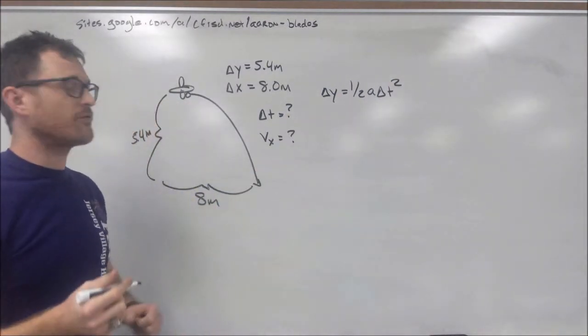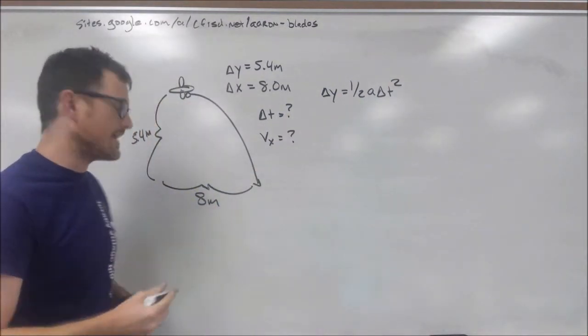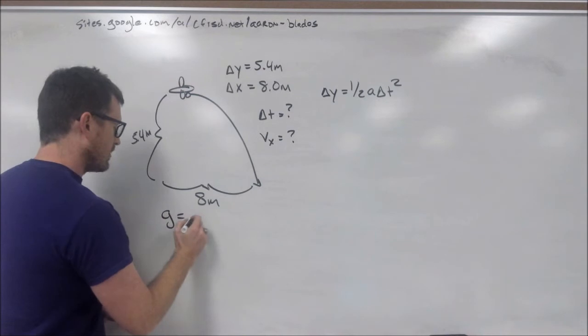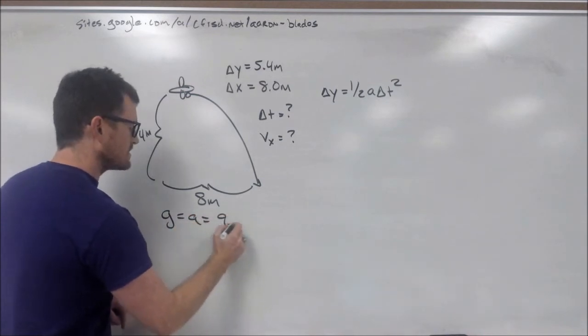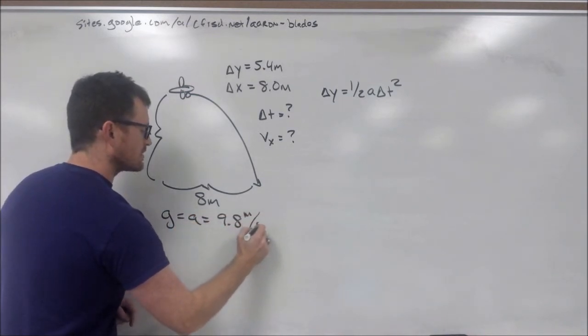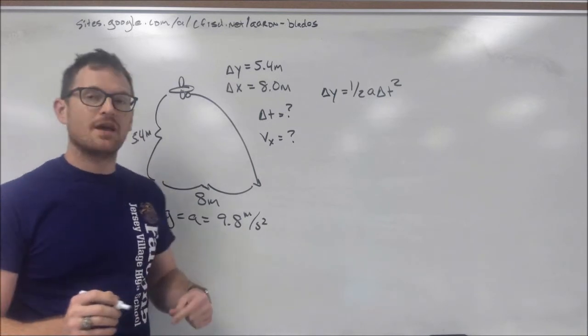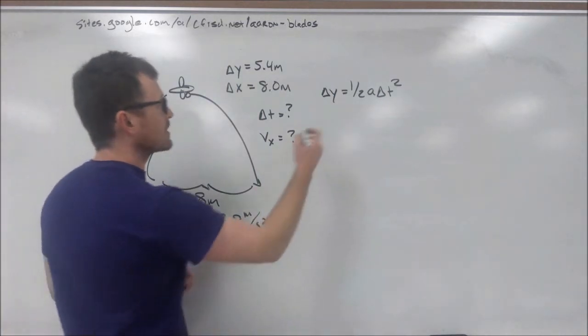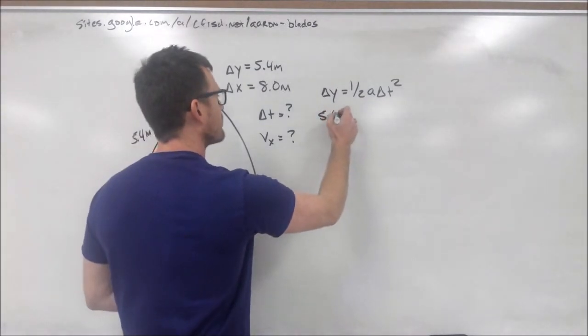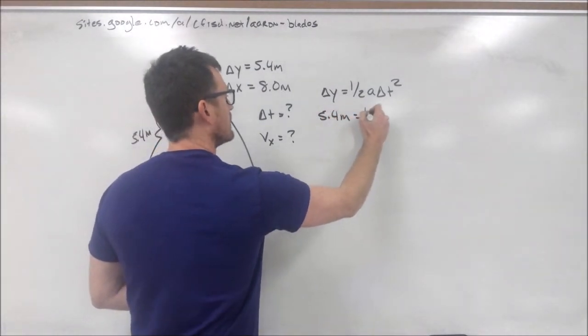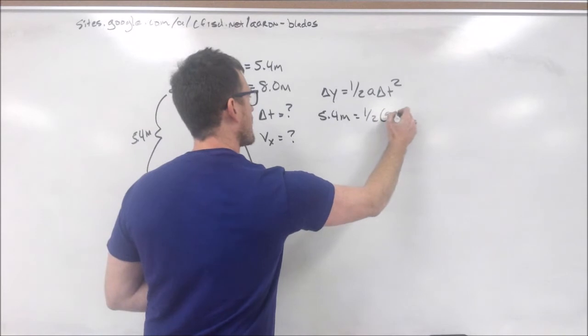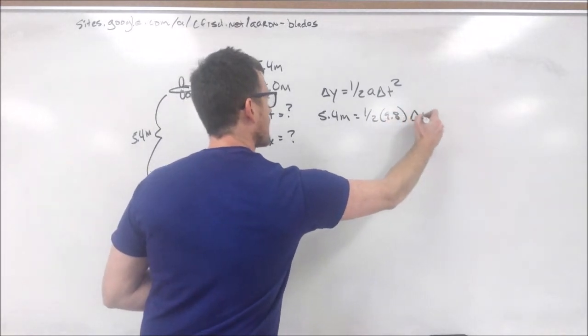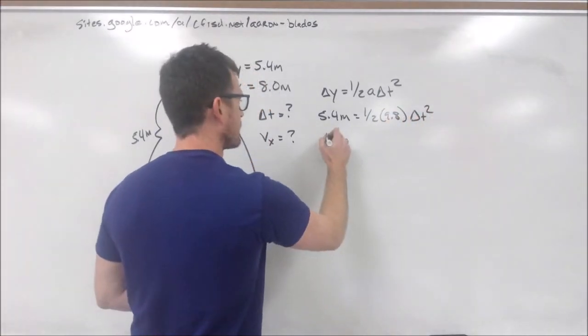Now, you'll remember from our earlier videos that a is our acceleration due to gravity, or g, which is 9.8 meters per second squared. Plugging in everything that we know, we're going to be able to solve for our time. So our delta y is 5.4 meters equals 1/2 times 9.8 multiplied by whatever our time is.